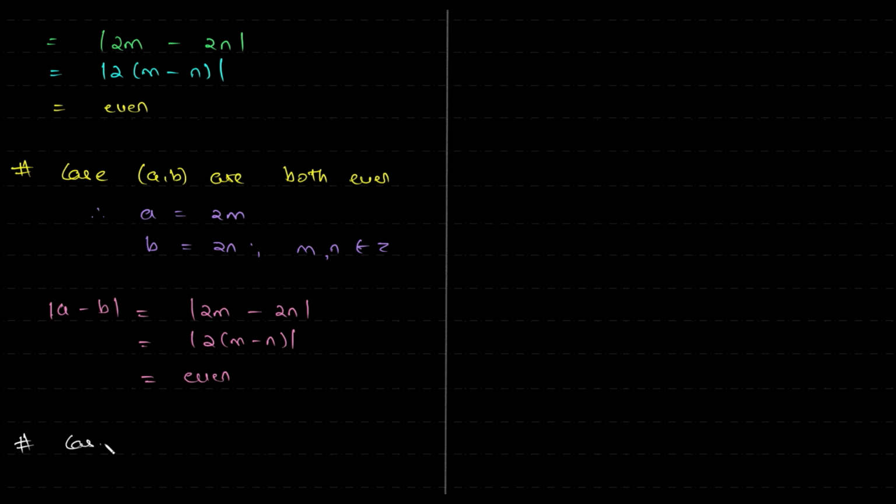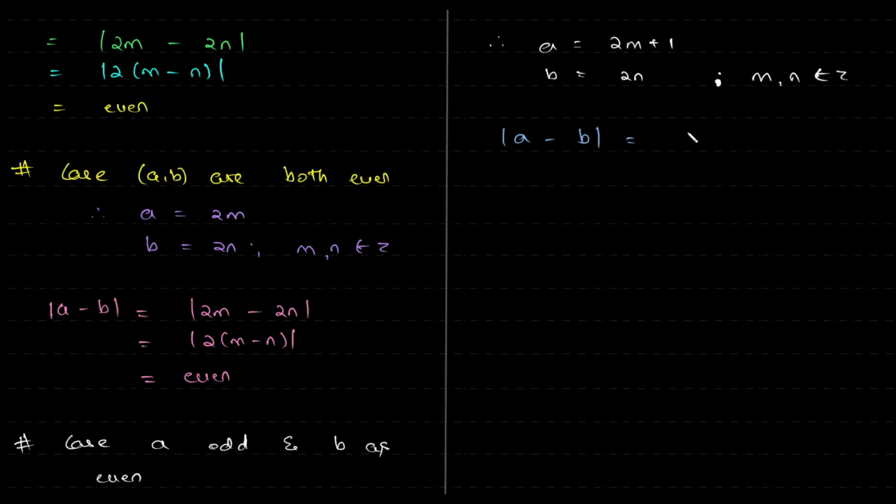We'll take the case a as odd and b as even. Therefore, what do we have? a is 2m plus 1 while b is 2n, where m and n belong to Z. Now, what do we have? a minus b will be equal to 2m plus 1 minus 2n.